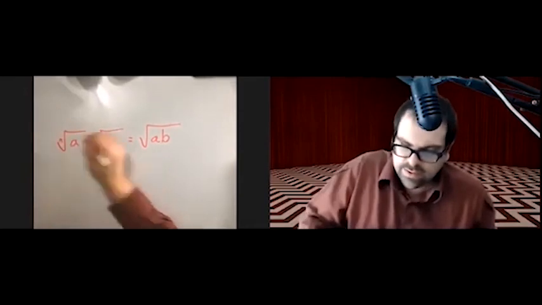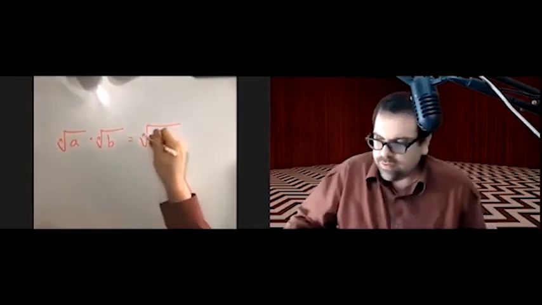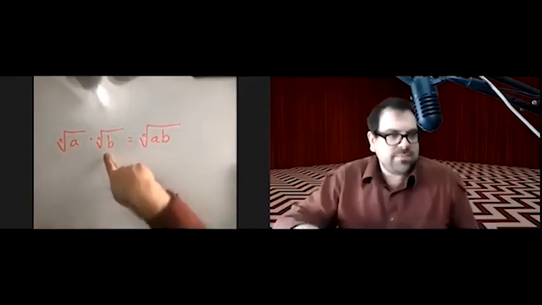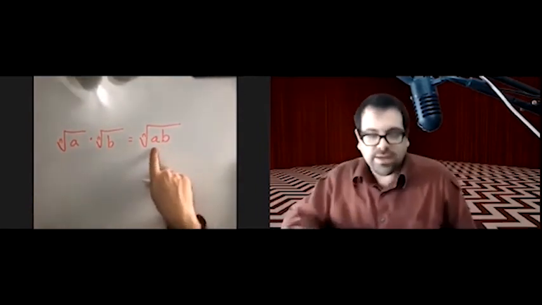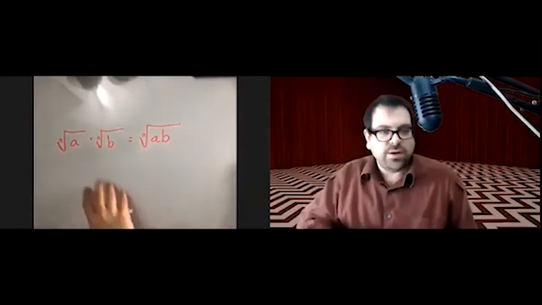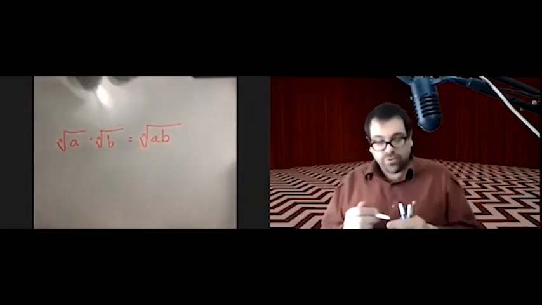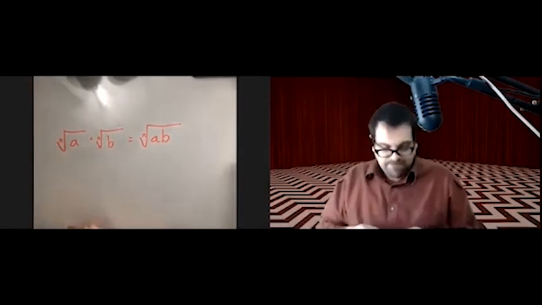In fact, the nth root of A times the nth root of B is the nth root of A times B, because it works for cube roots, it works for fourth roots, it works for all roots, but they have to be the same.